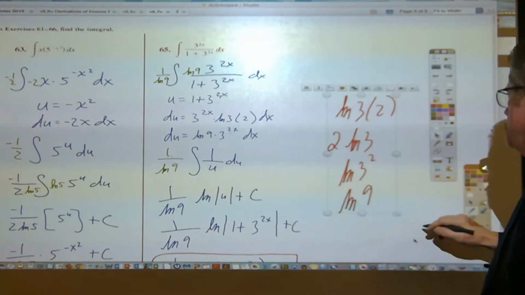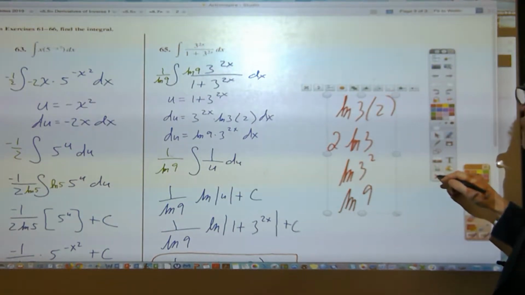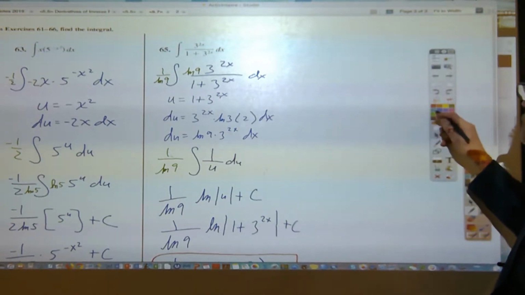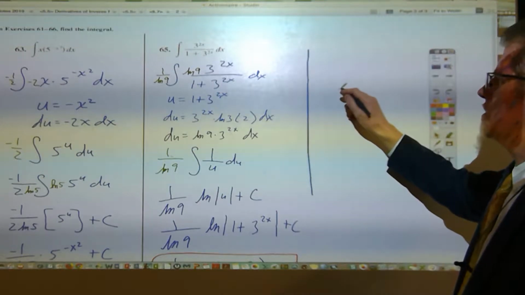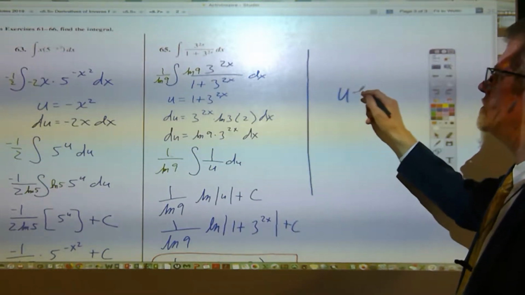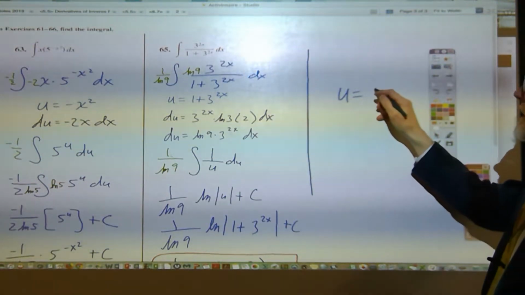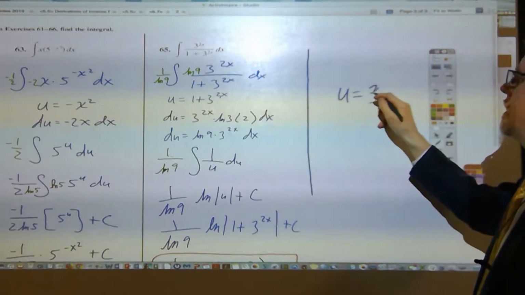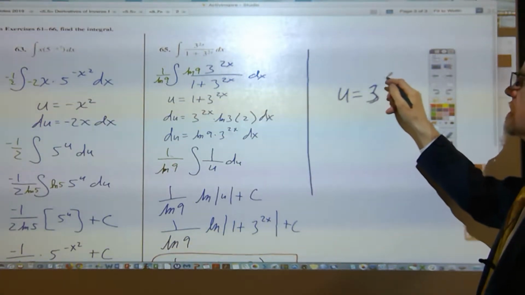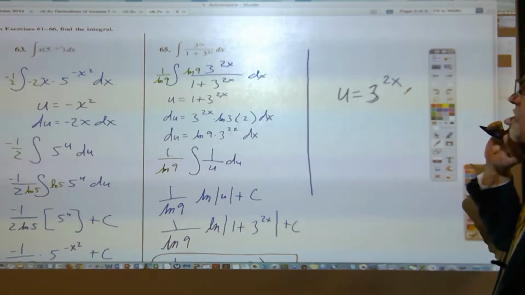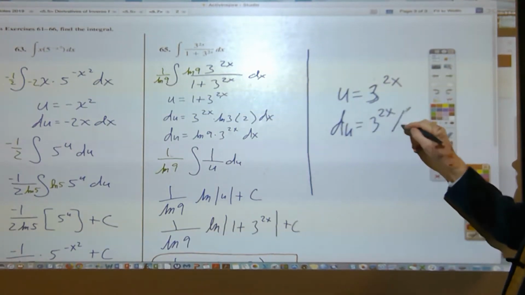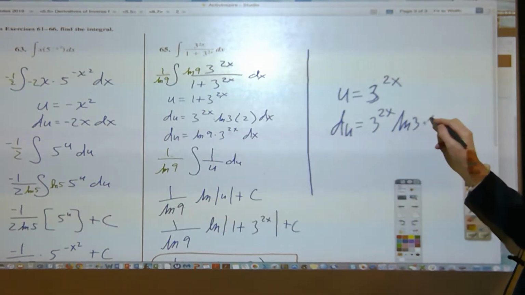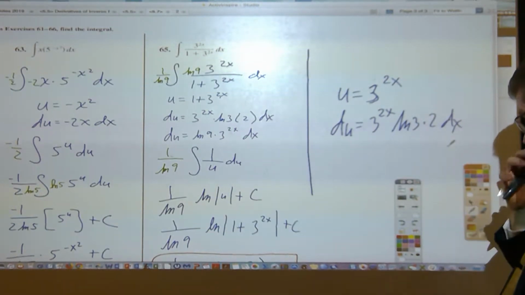The process of deciding what to let u equal in a u substitution problem has an element of trial and error to it. Suppose we had let u equal the slightly smaller expression, just 3 to the 2x, in which case du would have been 3 to the 2x ln 3 times 2 dx.